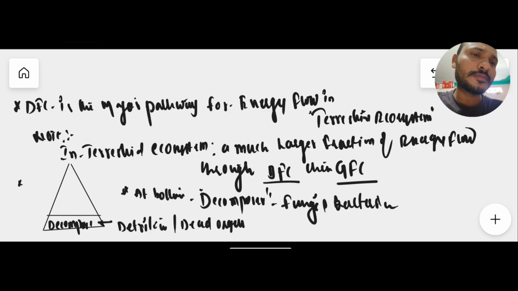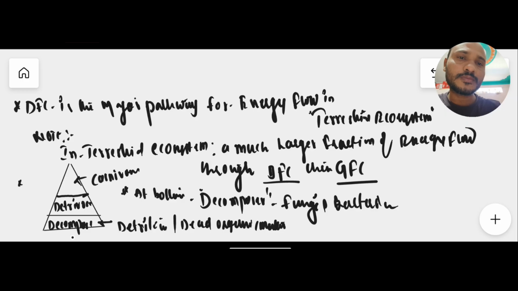In dead organic matter, the energy is present in chemical form, and that chemical energy is taken by these decomposers. From the decomposers, the energy moves to the next trophic level, the detritivores, and from detritivores it goes to the carnivores. For example, decomposers may be fungi and bacteria.